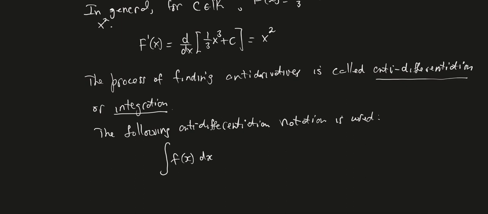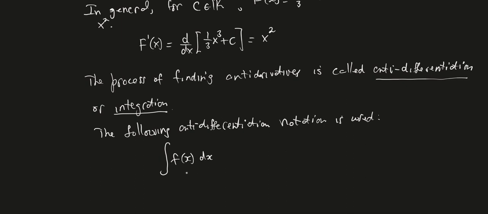We need this because the differentiation is done with respect to x, so you would expect the anti-differentiation would also be done with respect to x. So whatever your independent variable is, its differential is added at this point.